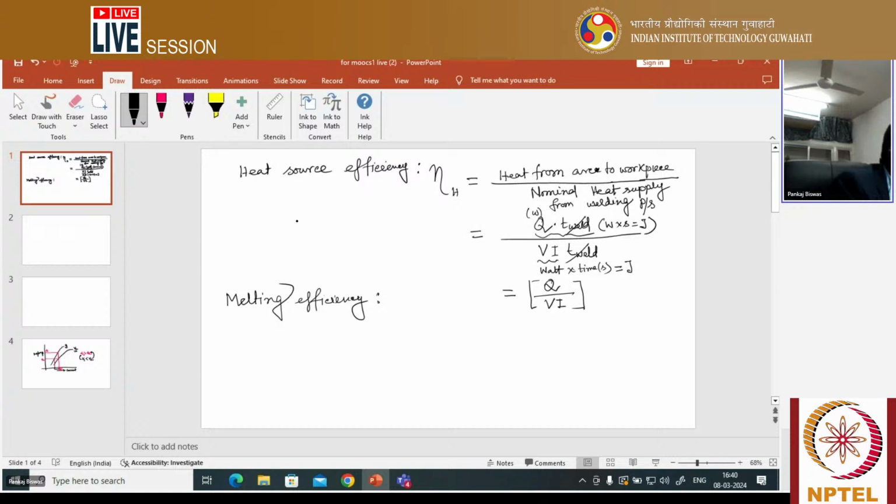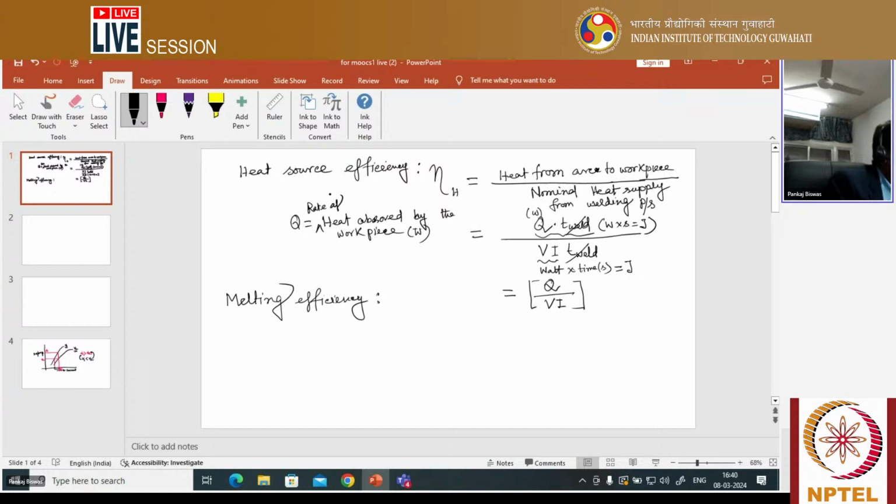What is Q? Here you can write Q is the heat absorbed by the workpiece. This is in watt. Always its unit is watt.